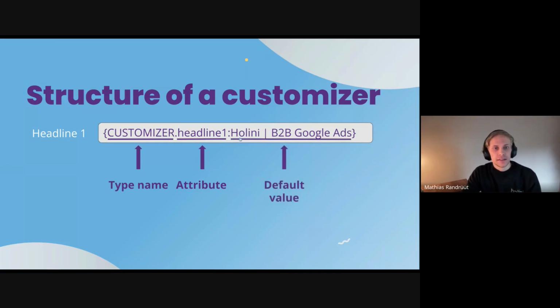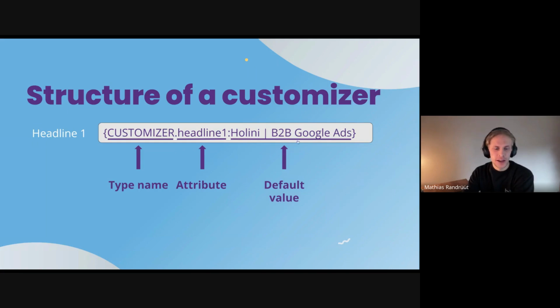And finally, this one is the default value. Default text is optional in an ad customizer. You do not have to add it. You can keep it just as customizer.headline1, but it is a good backup. So if the customizer data isn't available, you haven't uploaded it yet, or it is too long, for example, Google will display the default text instead.